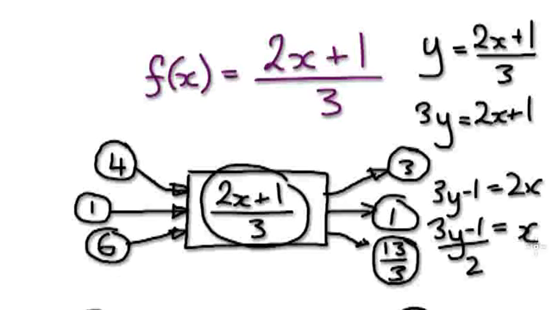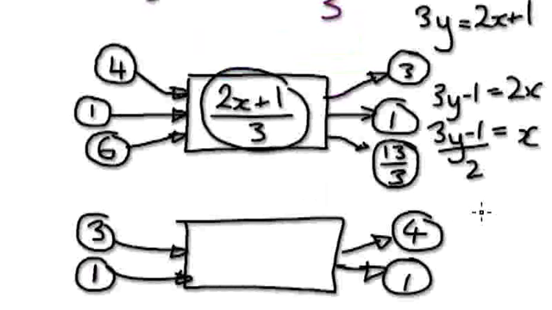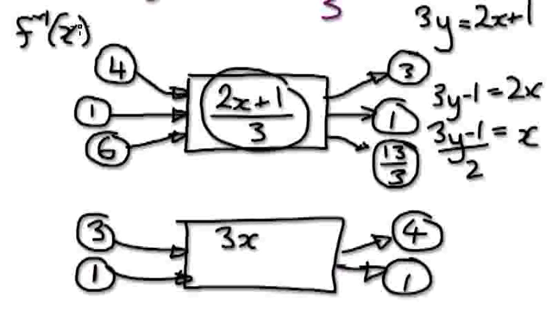So x is (3y minus 1) over 2. So the inverse of the procedure for this bit is actually this. Well, I have to call it x, because later on I'm going to put something into the x, so I'm going to need the x here.